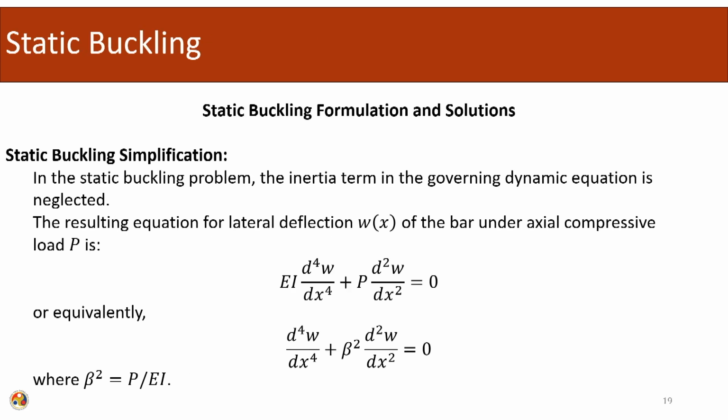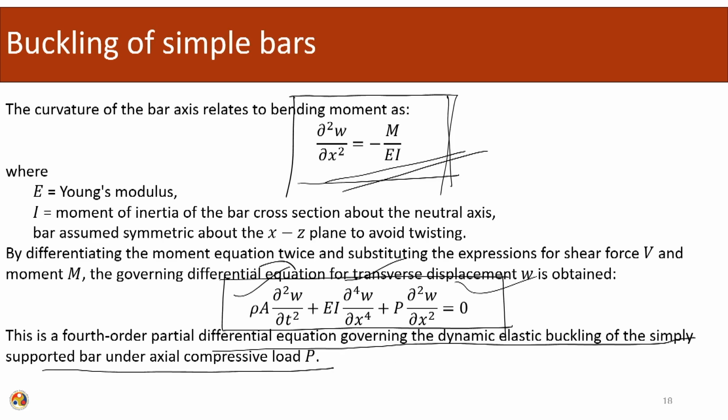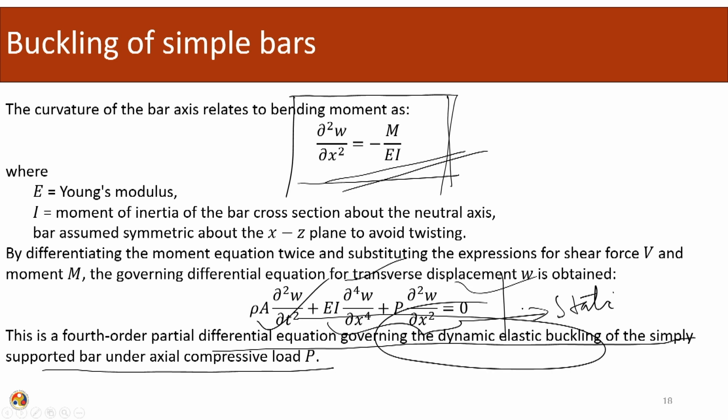After that we ignored the inertial terms and did this problem as a static buckling case. Now we are introducing the inertial component, and we are going to solve this as a dynamic elastic buckling problem.